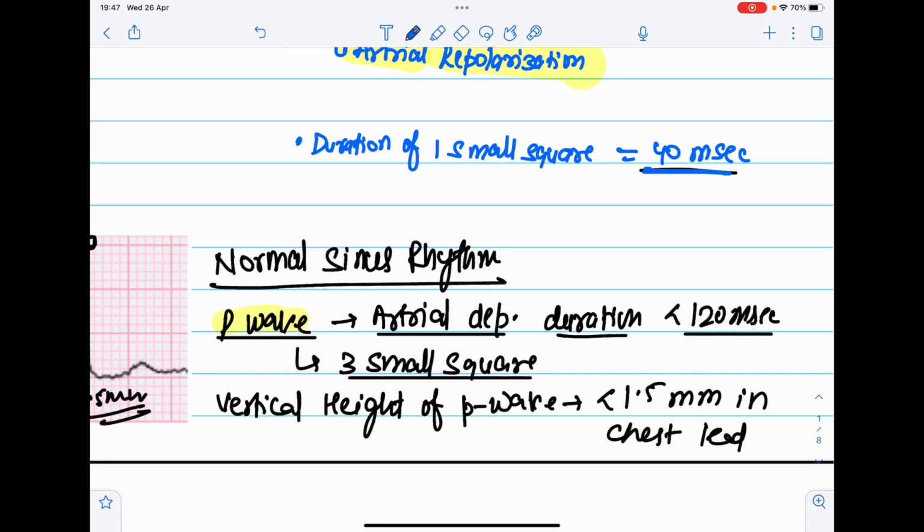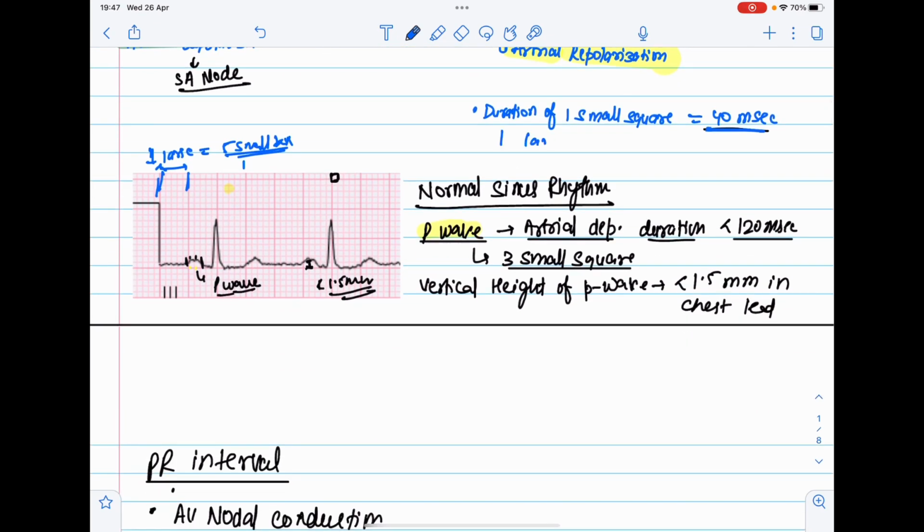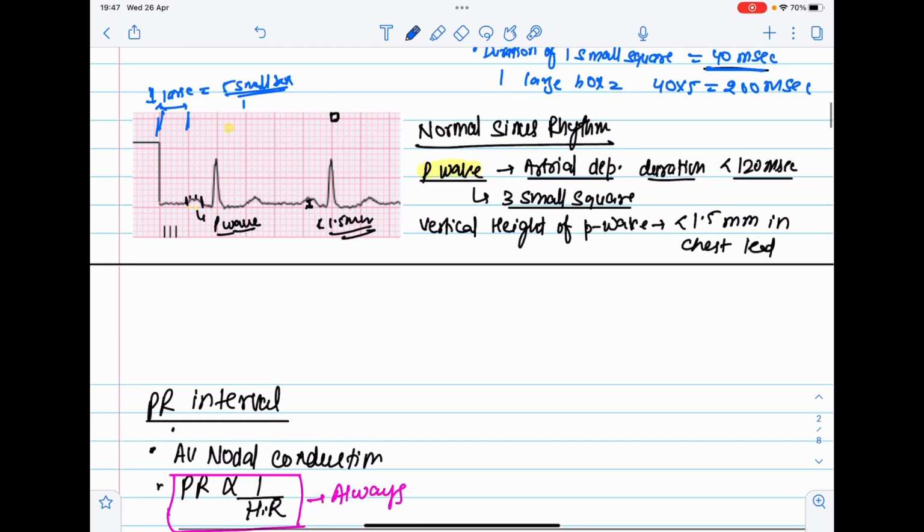For the duration of the P wave and QRS complex we must know the normal duration of one box. So one small box represents 40 milliseconds. And one large box will represent 40 multiplied by 5, that is 200 milliseconds. Okay, let's go further.